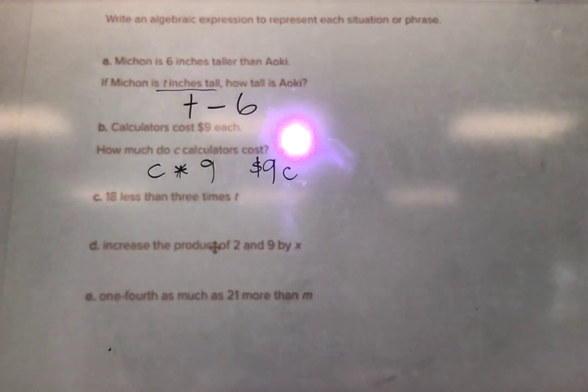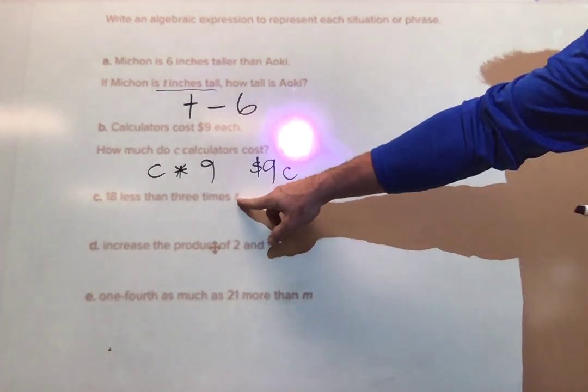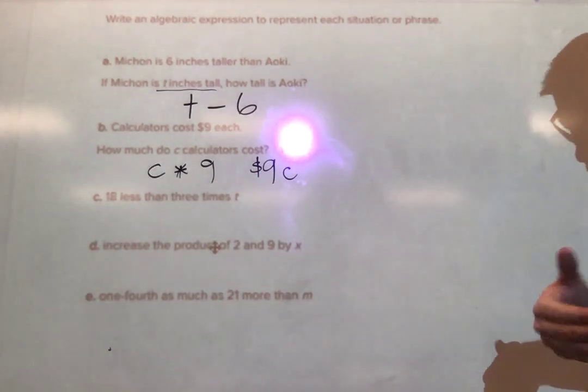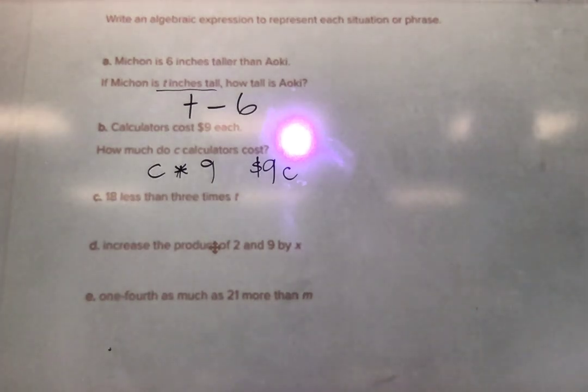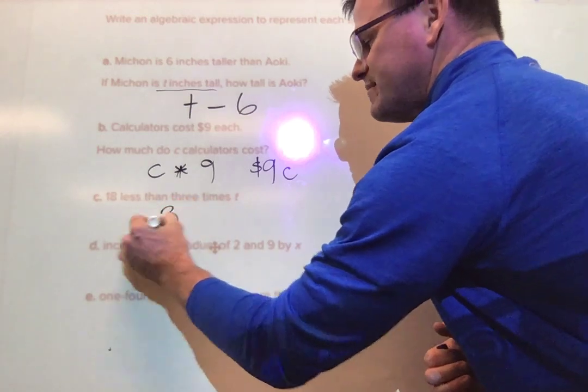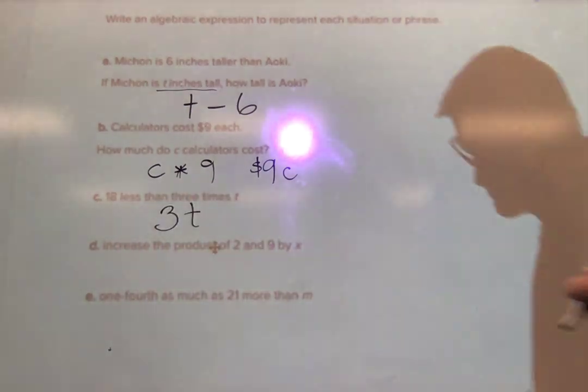Question C, 18 less than 3 times T. People see 18 less and they'll think 18 subtract. They think we have to go in order, but you have to understand the situation. 18 less than 3 times T. Before I can get 18 less, I have to know what 3 times T is. So I'm going to do 3 times T first, and I'm not going to use a times sign there.